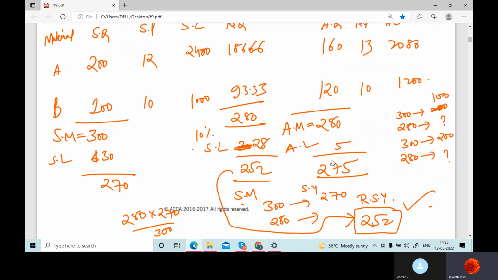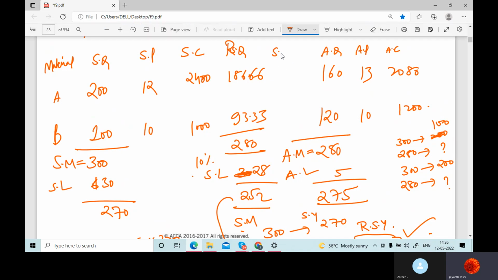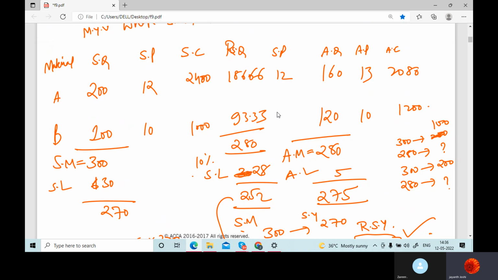Now there is the standard rate we need to find. So we will multiply this with the standard price, 12 and 10. Tell me what is the revised standard cost?